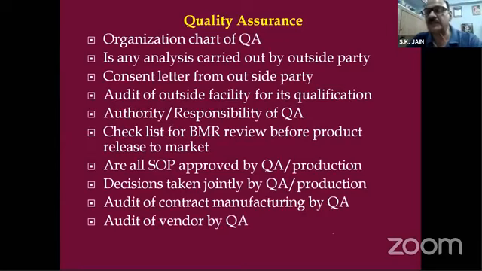We had only quality control, right? GMP process was there at that time, but there was no quality assurance. Only quality control people worked as quality assurance people. He had to ensure, assure the quality of the product. So is any analysis carried out by an outside party regarding the quality of the product?